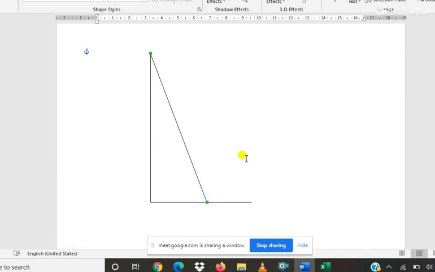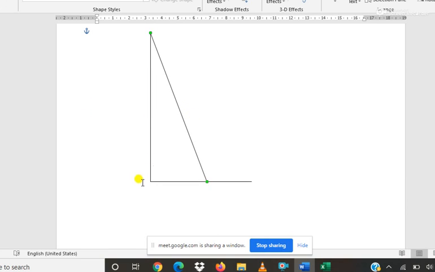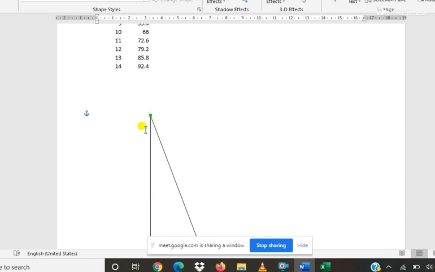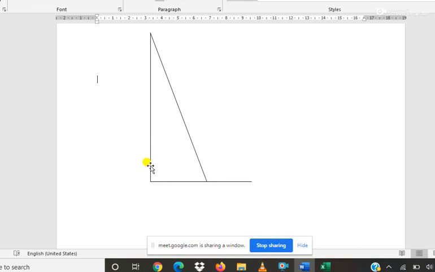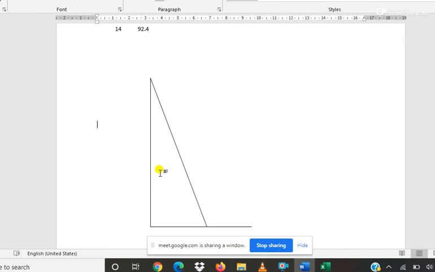Here this one is the maximum value 92.4, and this is the height of 14 meter. This is the maximum value 92.4, or in the general equation that is Ka gamma h.